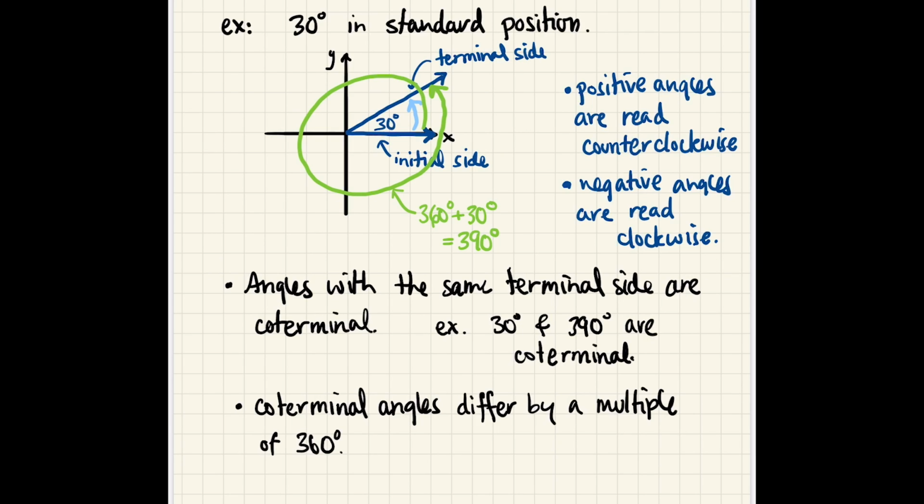Now, we could have added another 360 degrees to this. In fact, we could have gone around 50 times and then stopped again at that same terminal side. And the measure of that angle would be 50 times 360 plus 30, right?